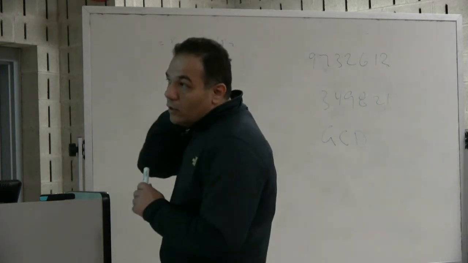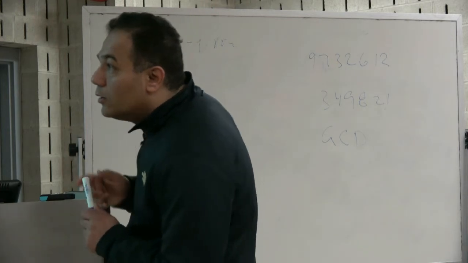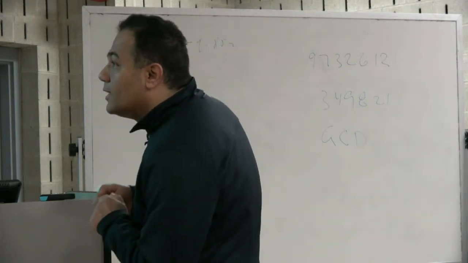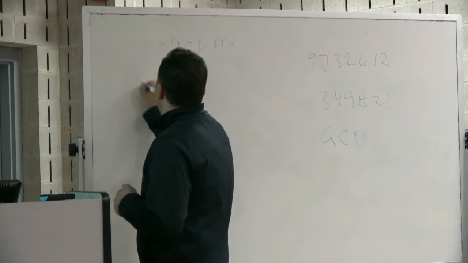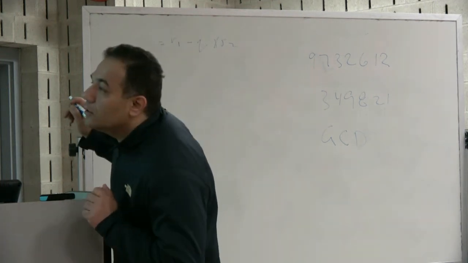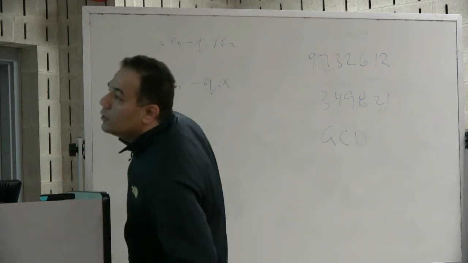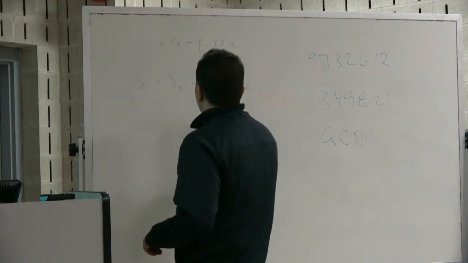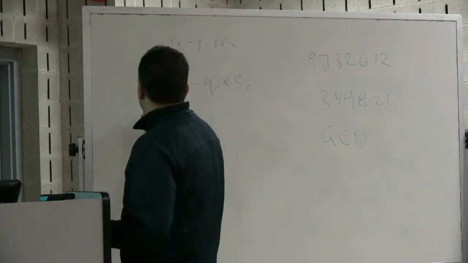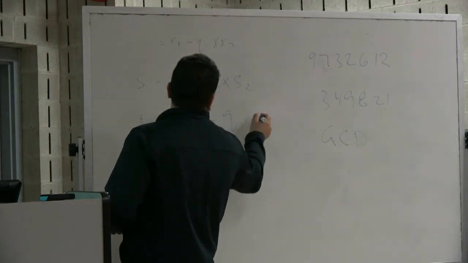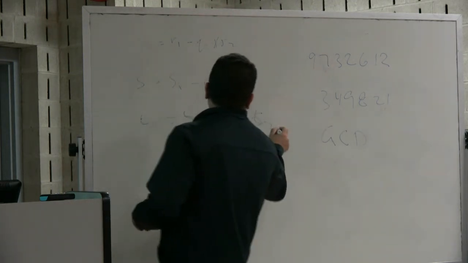And then you have S equals S1 minus Q times S2. And then you have T equals T1 minus Q times T2.